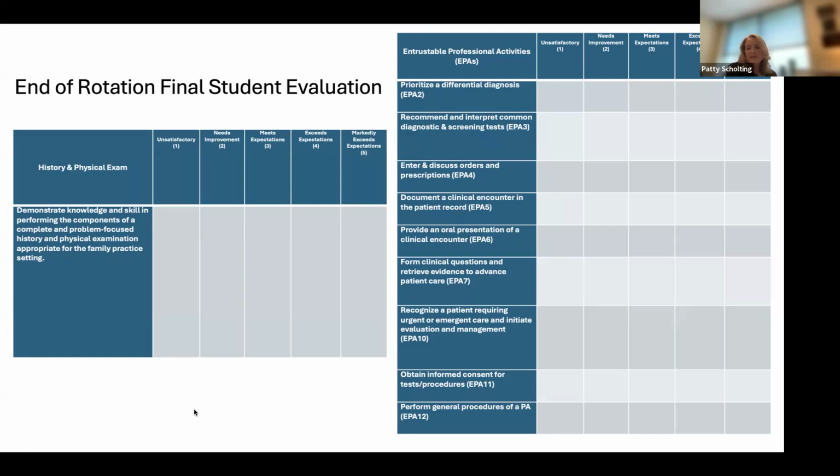Obtaining informed consent for any tests or procedures, and perform any general procedures that a PA may do. And that may be suturing, maybe incision and drainage, it may be anything that a student or a PA may do in practice. Certainly that is what we want to evaluate. So get those students involved as much as you can in regards to the hands-on aspect of general procedures.